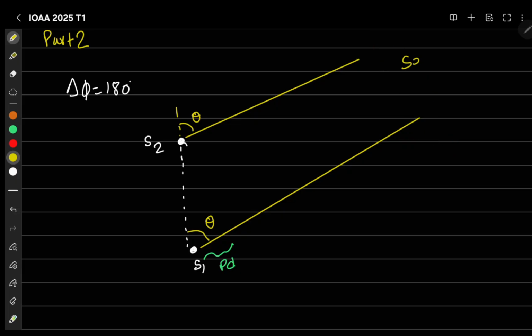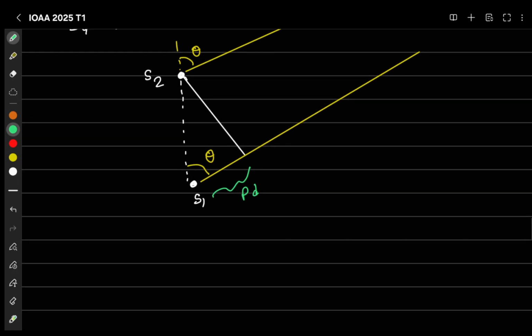My source lies here, and then I can simply connect this, and this will be my path difference, right? So there will exist some path difference presented in there.